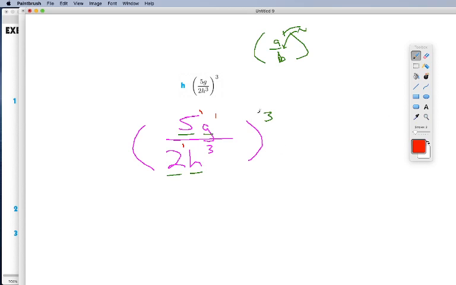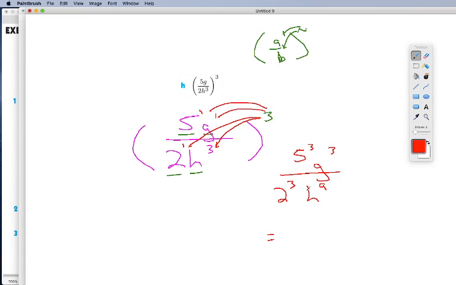So what I'm going to do is go 3 times 1. So I get g cubed. 3 times 1, which is 5 cubed, all over 3 times 3, which is h to the power of 9, and 3 times 1, which is 2 to the power of 3.